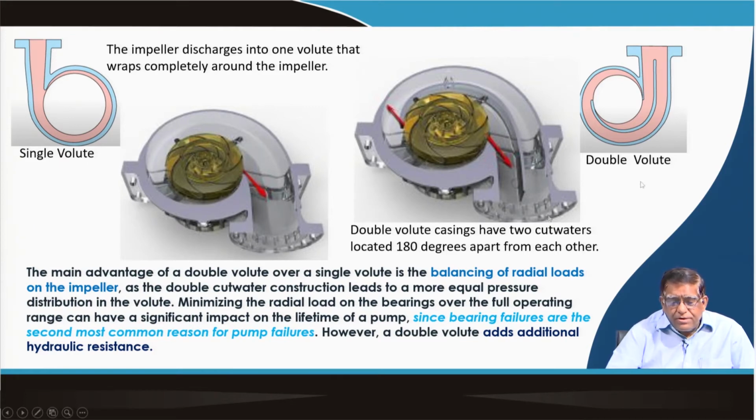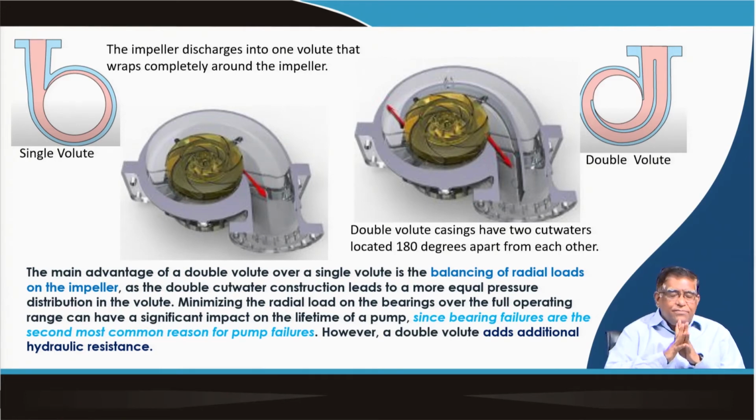Now, in case of a double volute casing, you can see that the water from the impeller is discharged at two points which are 180 degrees apart. You can see here, and then this will be going out. So, they have different advantages.